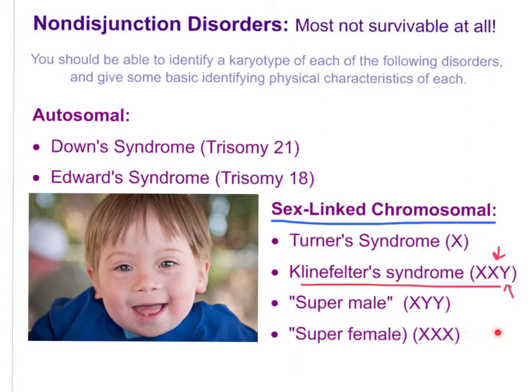You probably would never know if you were a triple X female or not. Sometimes they have learning difficulties. About 1 in 1,000 girls will be born with the extra X chromosome. Sometimes they're a little taller, but they're fertile. Everything else is really very normal about someone with an extra X chromosome.